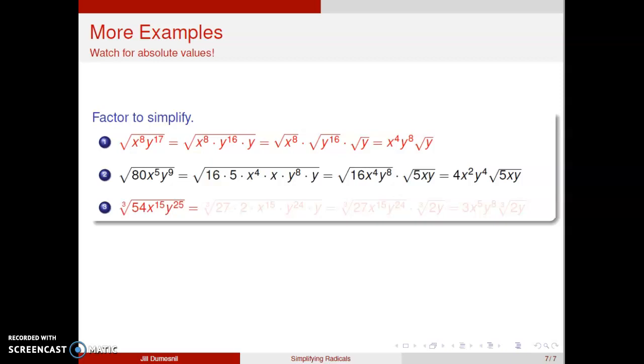For our last example, let's consider a cube root. This time, we want to factor out powers that are perfect cubes or multiples of 3. We'll write 54 as 27 times 2, x to the 15th as x to the 15th, already a multiple of 3, and y to the 25th as y to the 24th times y.